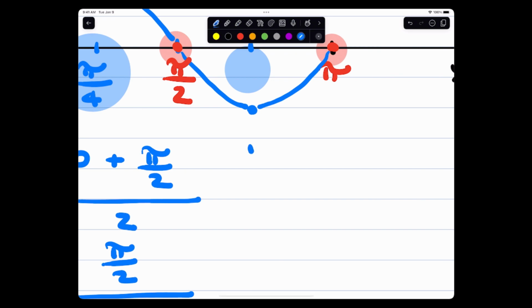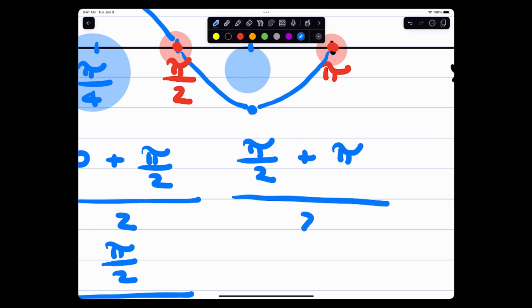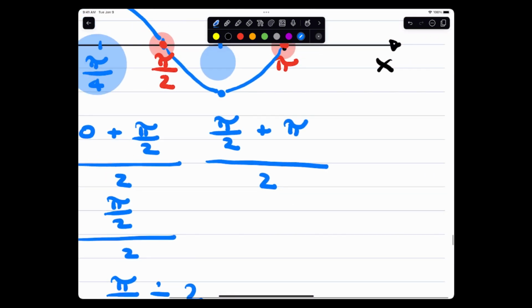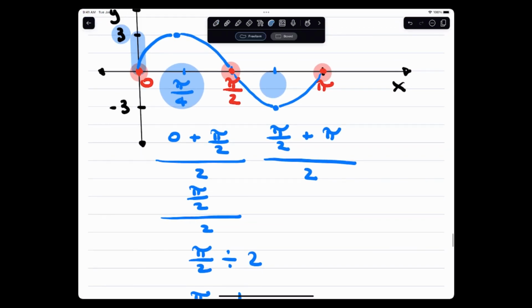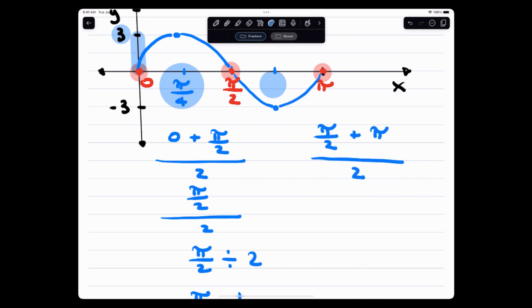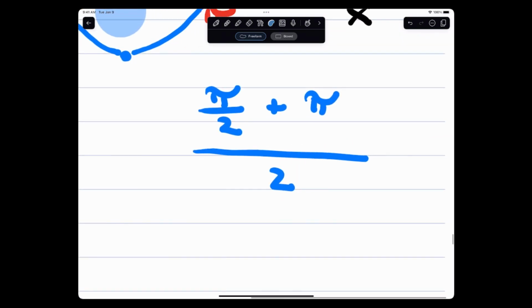You go, okay, what's the S? You take pi over 2, you add it with the pi, and now you divide by 2. You guys see what we're trying to do? You're trying to find the midway again.